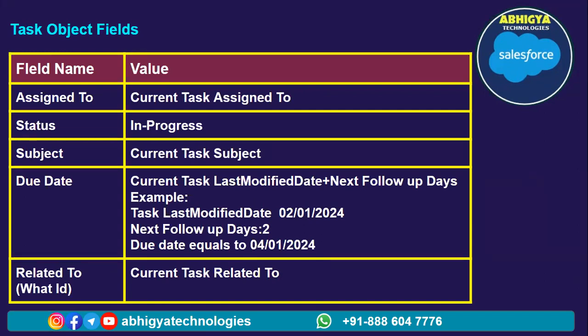For example, if the task last modified date is 01/01/2024 and next follow-up days is 2, then the due date equals 03/01/2024. Related To is the current task's related to. So this is our use case, and it contains two different scenarios.